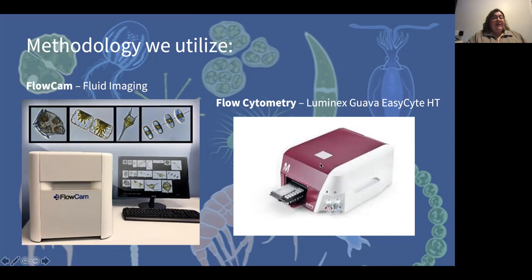We also have a flow cytometer, which looks at the very small size classes of phytoplankton. So anything between about 2 and 5 microns in size. So we can count bacteria and viruses on here as well as phytoplankton. We can also use a variety of diagnostic stains to identify particular species if we would like, or some physiological process that they're undergoing.